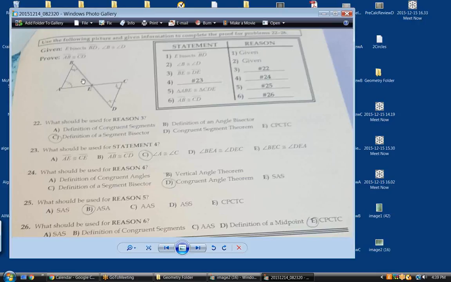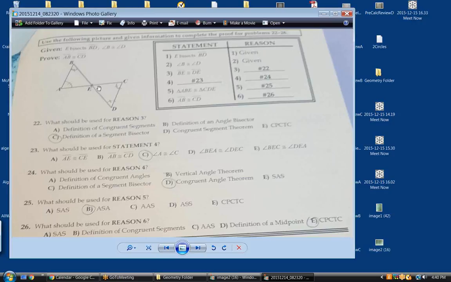What is true about that angle and that angle? That they're equal. Because? Because of vertex angles. They're vertical angles. Not vertex, but vertical angles. Okay, so if that angle is equal to that angle, that is all we need now to prove congruence.